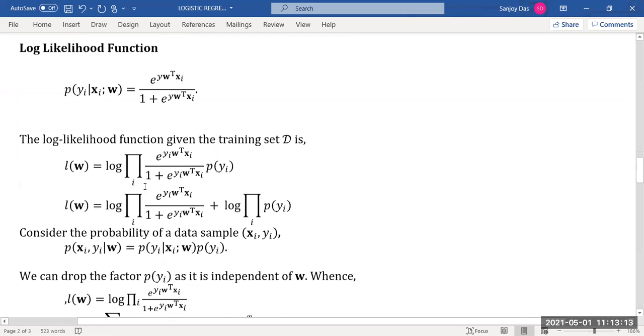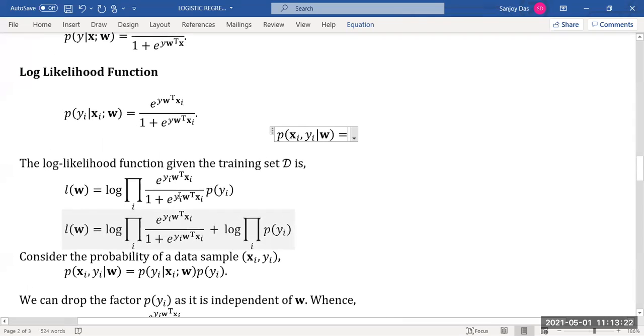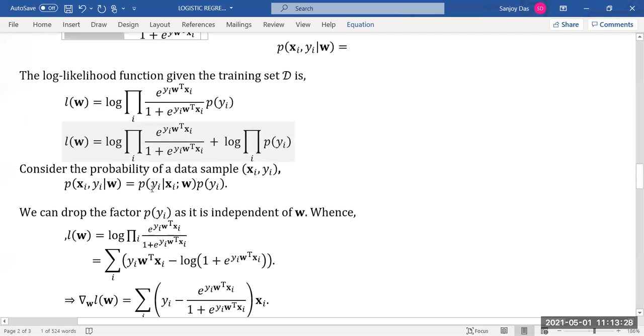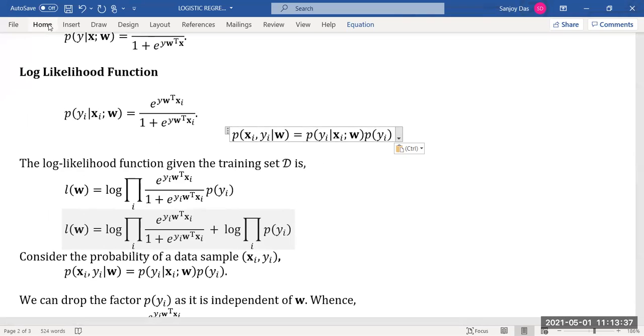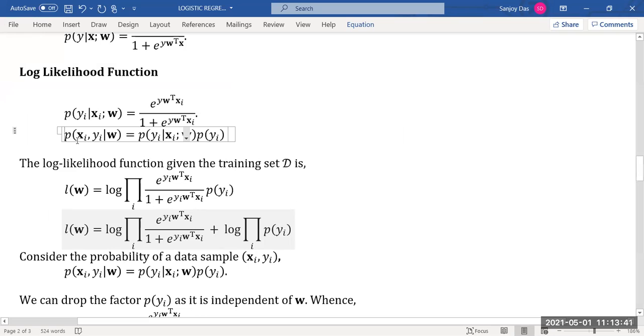Agreed? And what is the probability of xi comma yi given w? From Bayes' rule again, this is equal to this. Correct? Yes.